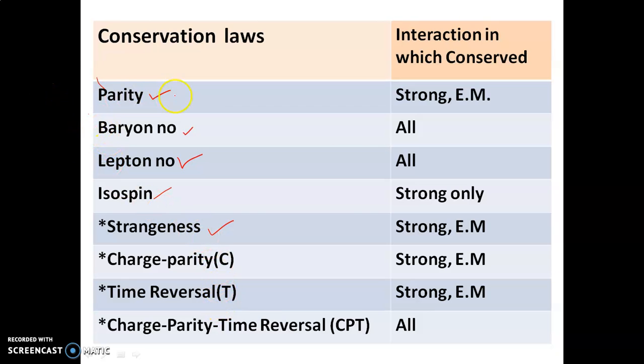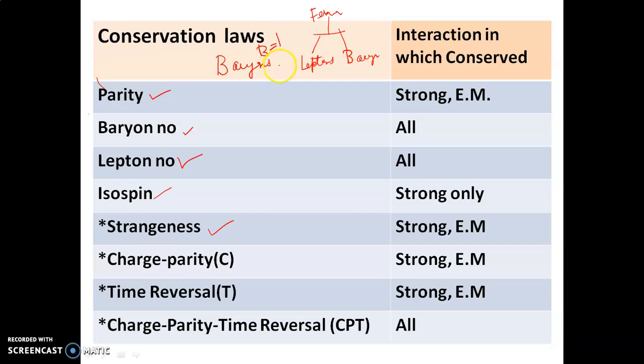Now what is baryon number? Baryon number is a number associated with all baryons. Do you remember what a baryon was? In fermions we had two types of particles. One were the leptons and the other were the baryons. Baryons are the heavy fermions. So all baryons have a baryon number B equal to 1, and for non-baryons it is equal to 0, and for all antibaryons it is -1.